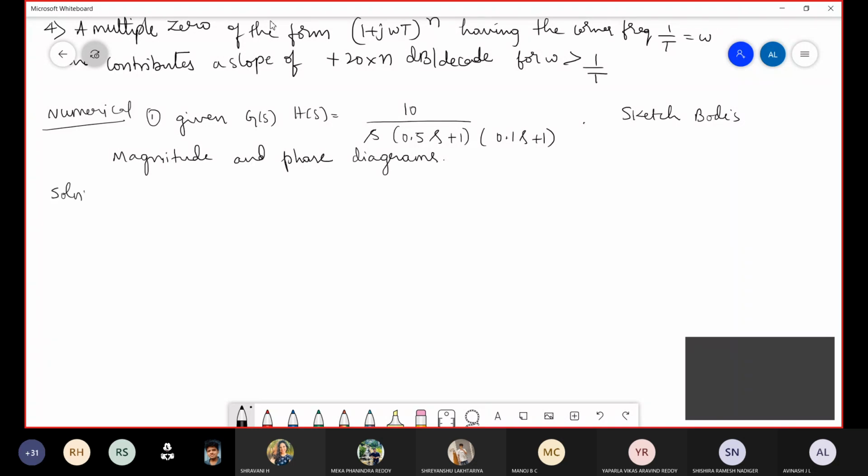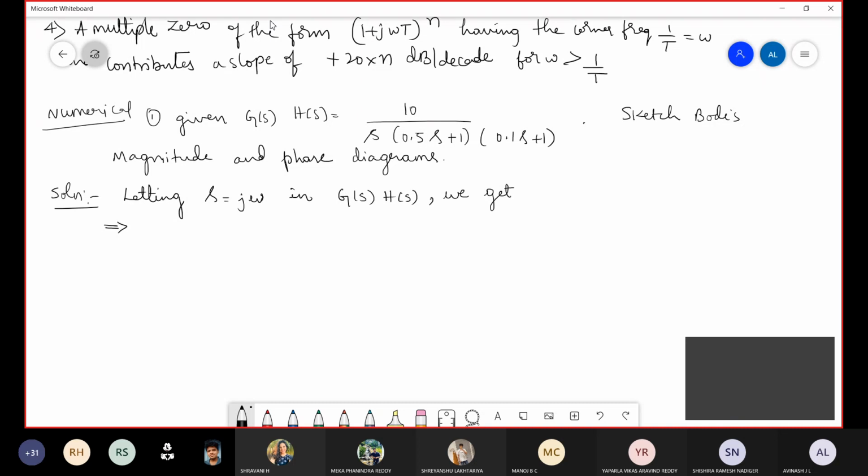Solution, write down all of the solution. Letting s equal to jω in G(s)H(s), we get G(jω)H(jω).